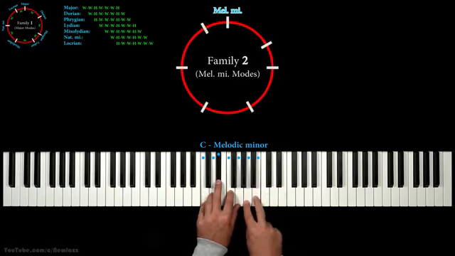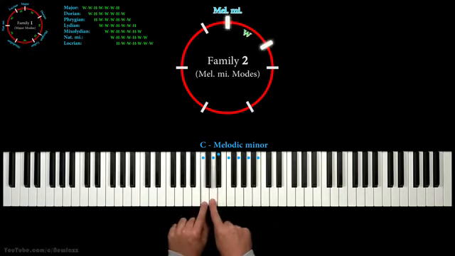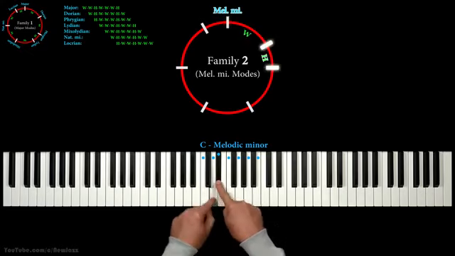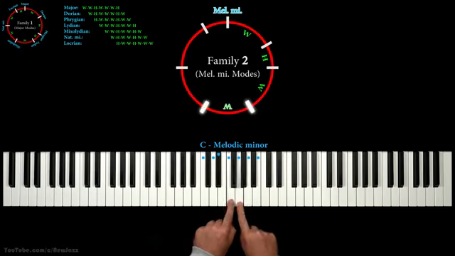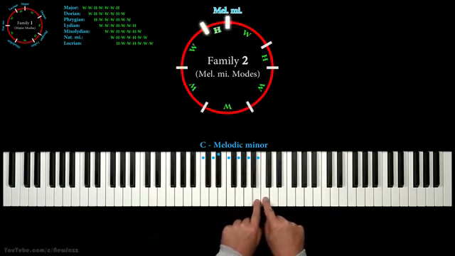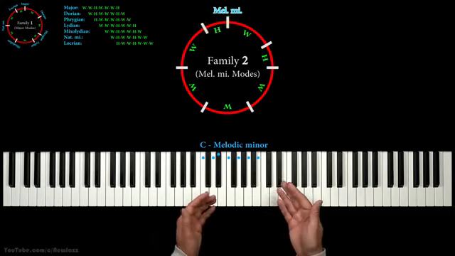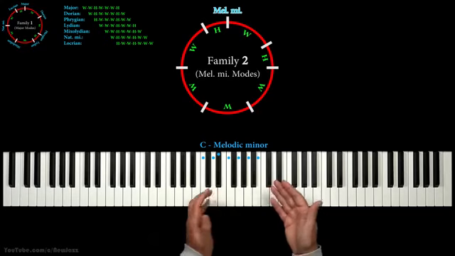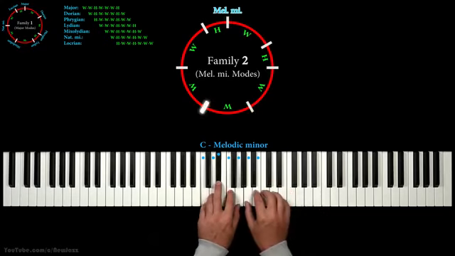And the interval steps are whole step, half step, whole, whole, whole, whole, and a half step. Now, once more we can make 7 degrees, 7 different family members.